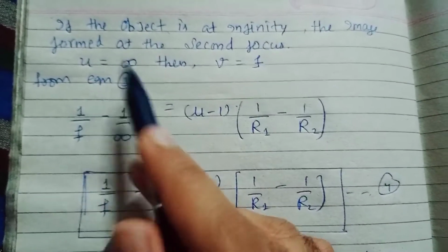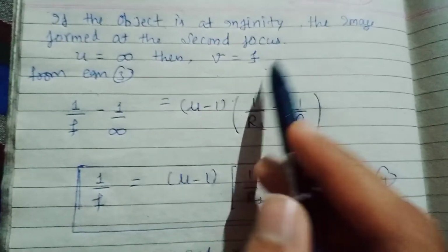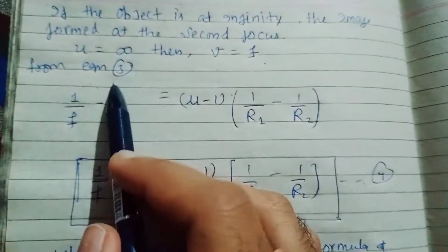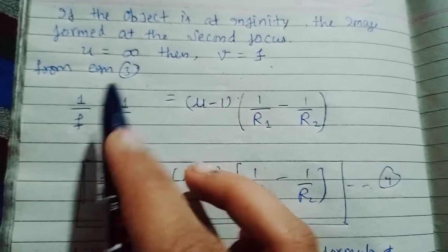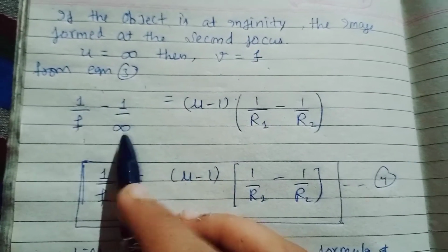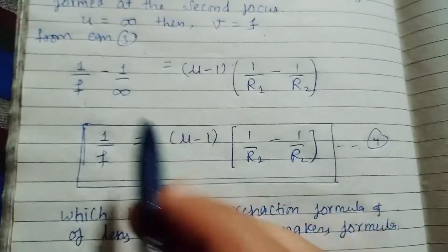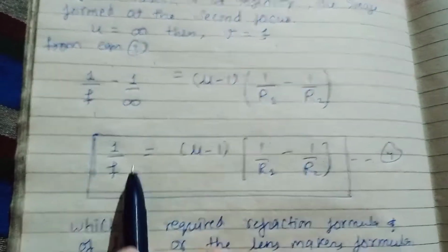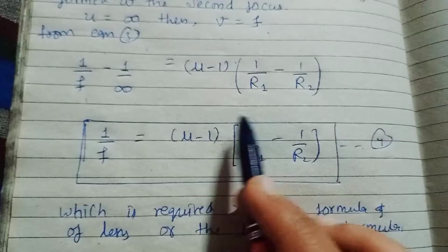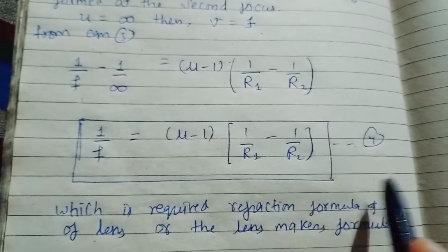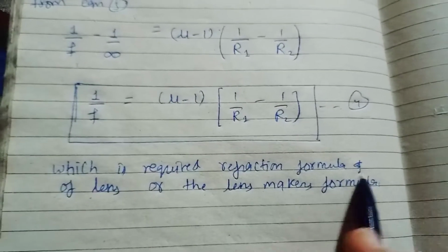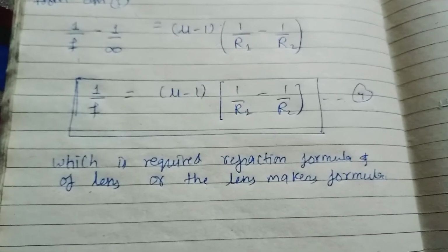So if u is equal to infinity, then v is equal to f. We put the values of u and v in equation third: 1 upon f minus 1 upon infinity is equal to mu minus 1 times 1 upon R1 minus 1 upon R2. We know that 1 upon infinity is 0. So 1 by f is equal to mu minus 1 into 1 by R1 minus 1 by R2. This is equation 4, which is the required refraction formula for thin lens, or the lens maker formula.